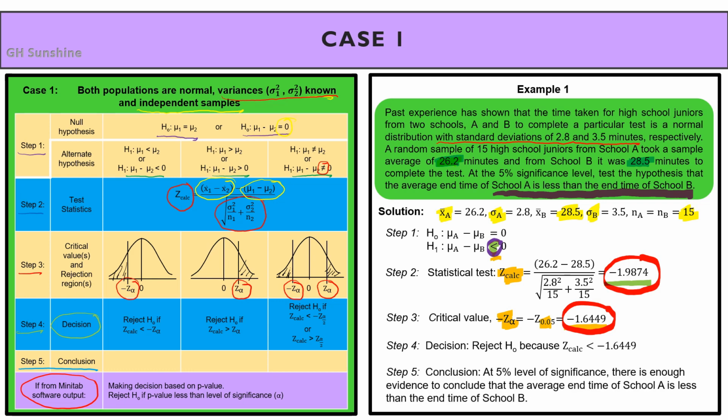And last, as a conclusion, at the 5% level of significance, there is enough evidence to conclude that the average time of school A is less than the time of school B. It means you conclude the alternate hypothesis. Why? Because you reject H0.